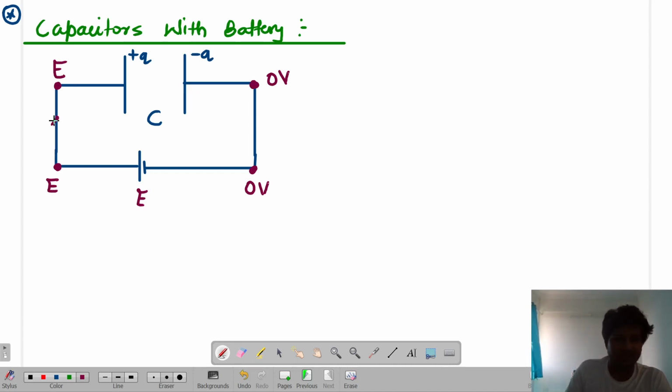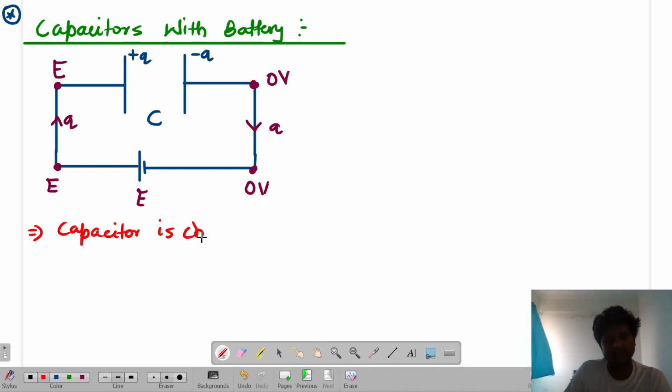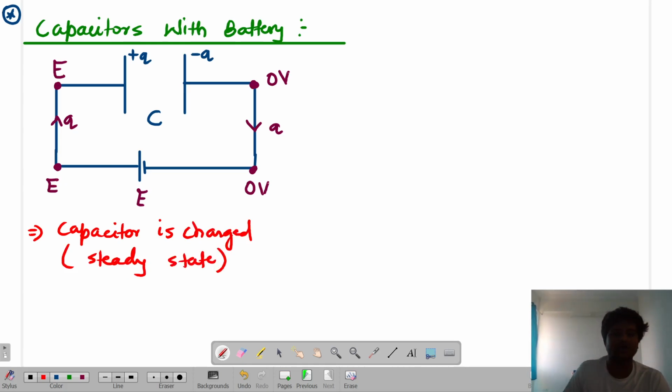But there is a condition for that: the capacitor must be charged and it must be present in steady state. Are you able to get me or not?